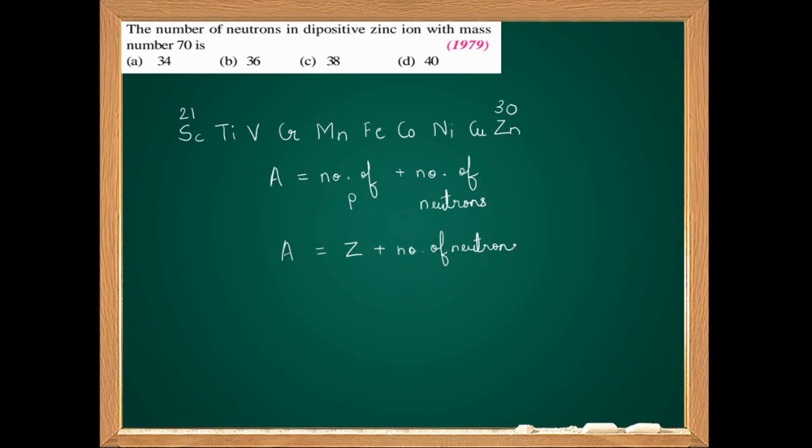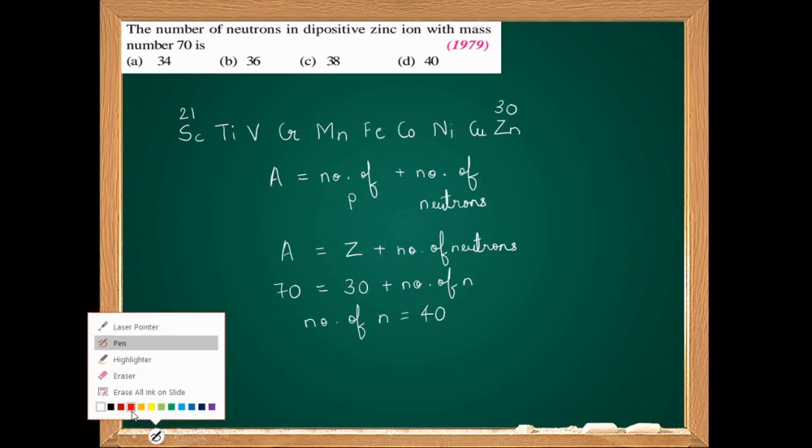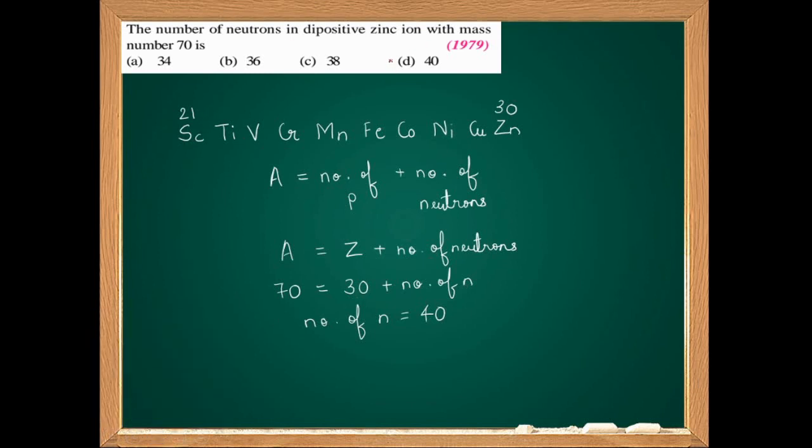Now, the atomic mass number is equal to 70, and the atomic number is something we should know. It is 30. So the number of neutrons will be 70 minus 30, which gives us 40, right? So the correct answer to this question is option D.